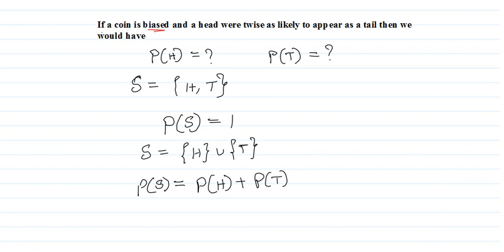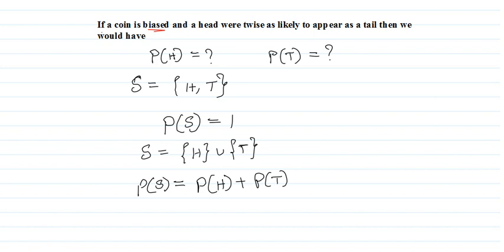See here, one thing I know, the chance of getting head is twice as likely as tail. This is the information they have. Right now, using this, they'd like to conclude what is the probability of H and the probability of tail.